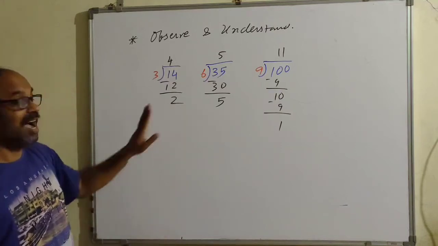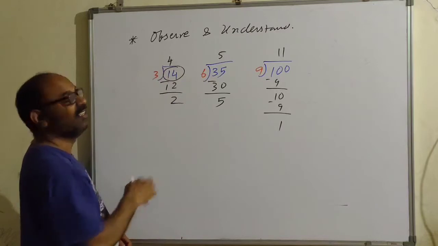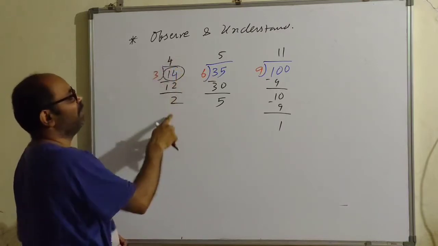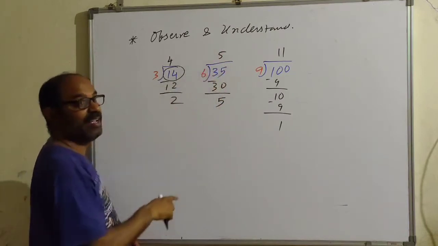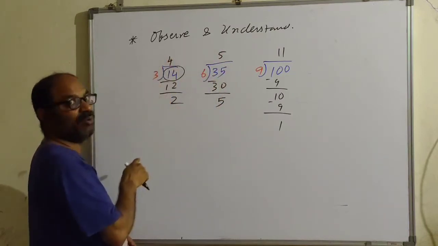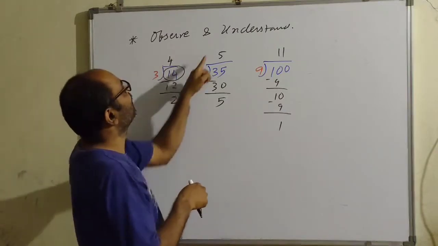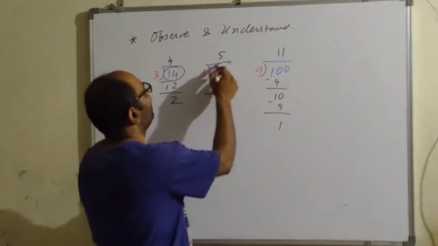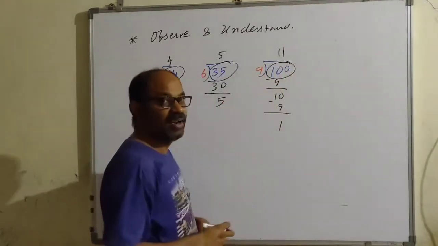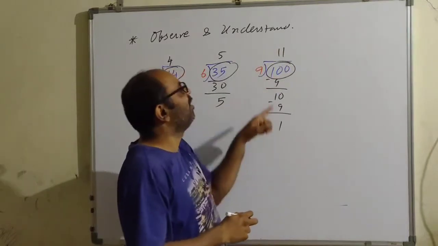Okay. One thing you have to observe from here. 14 is 3 into 4 plus 2. 35 is 6 into 5 plus 5. What is 3 4s are 12? 12 plus 2, 14. Did it match or not? What is 6 5s are 30? What is 30 plus 5? 35. Did it match or not? Dividend 100: 9 11s are 99 plus 1, 100.